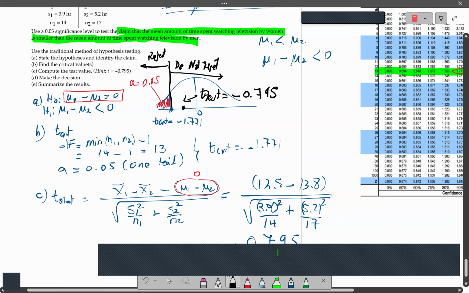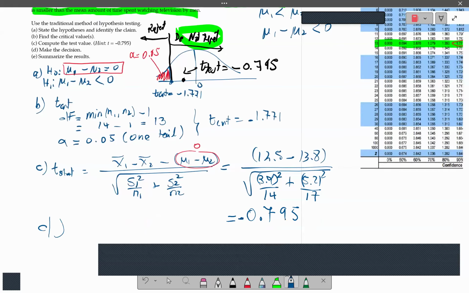What is it going to be, accept or reject? Do not reject. So this is going to be D, do not reject.